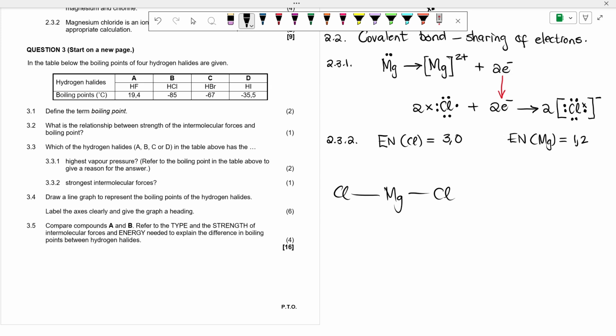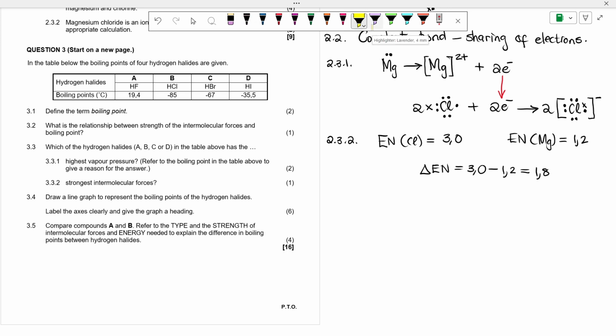That's why I say it's going to be important for you to watch the intermolecular forces video. And if I take the difference of these ones, we just call it the change in electronegativity. We just take the bigger number, 3.0, doesn't matter which one, minus the smaller one, and that's equal to 3 minus 1.2, it's 1.8.